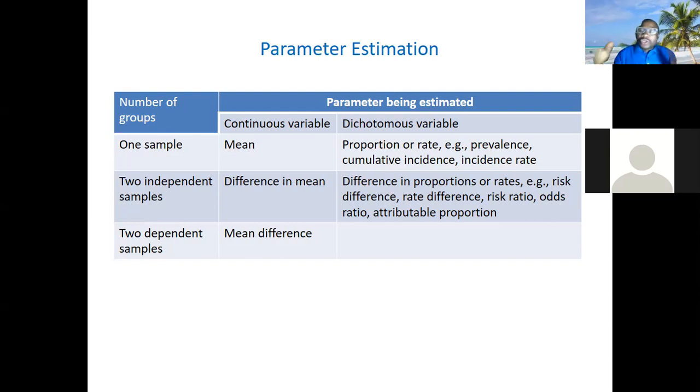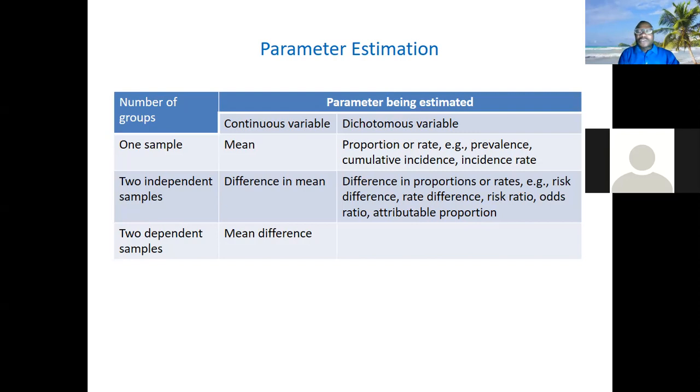So you can summarize the two by looking at the difference, x̄1 minus x̄2. If one is 15 and one is 13, you can say 15 minus 13. That is the difference in the mean.